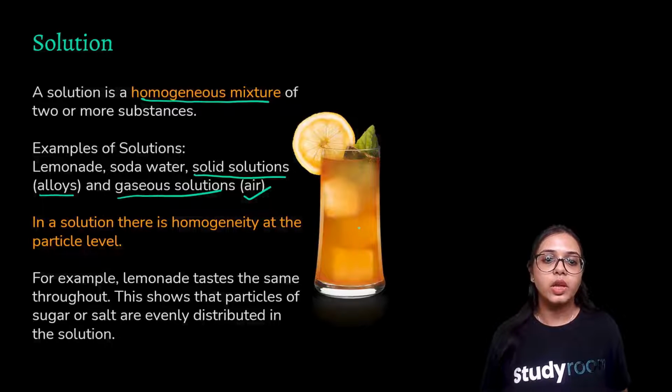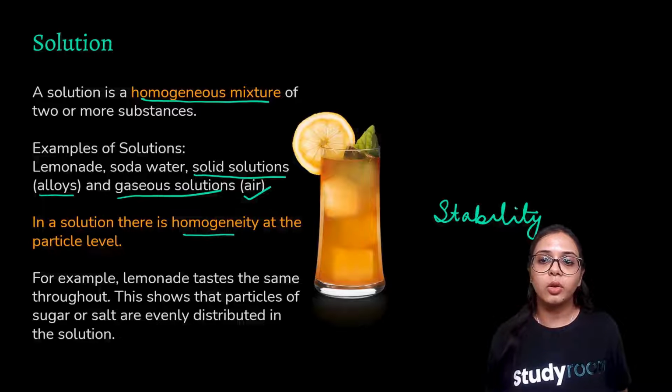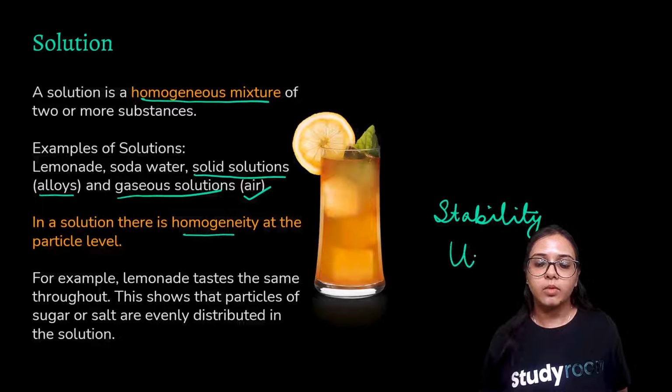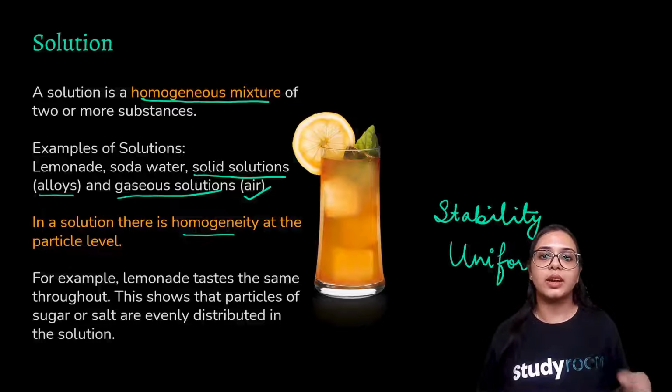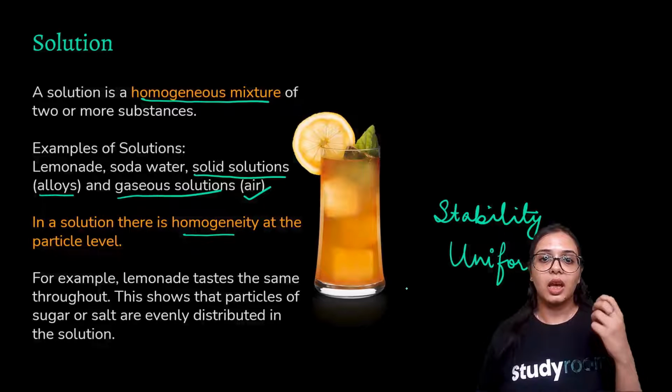In a solution, there is homogeneity at the particle level. What do we mean by homogeneity? We mean that there is a certain sort of stability and a certain sort of uniformity. All of these characteristics are distinct, and all of them are visible in a solution.